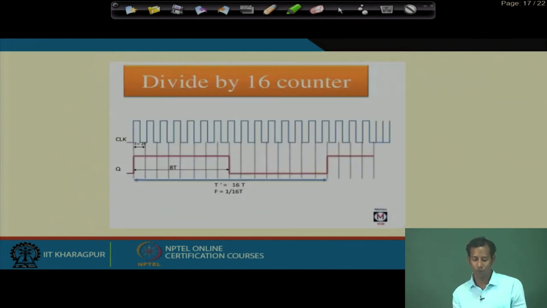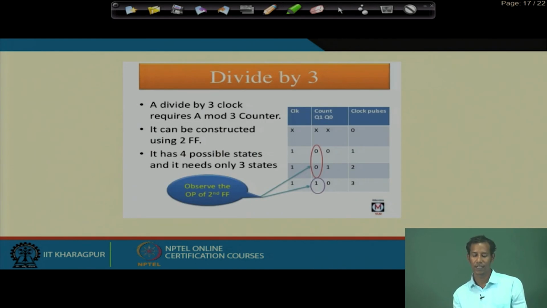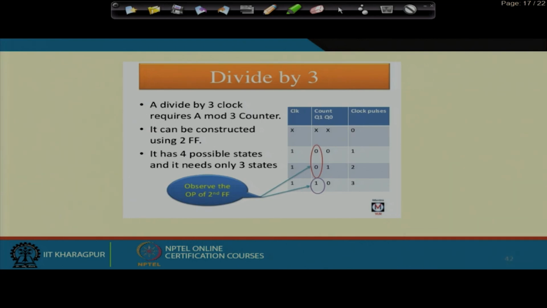Now, suppose we have to design divide by 3. That is not that easy, unlike what we did in the case of divide by 2. Whenever it is a power of 2, you increase the stages and you will get the corresponding output.